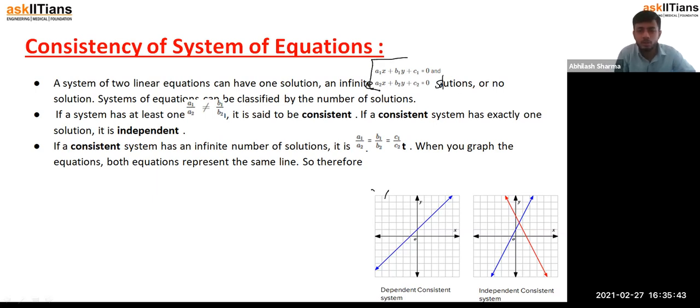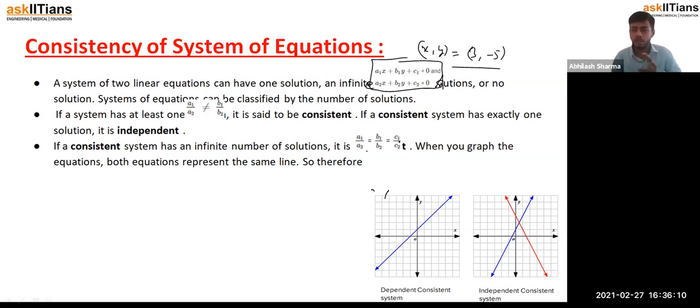So when we are talking about a pair of linear equations in two variables, it can either have exactly one solution, which is also called a unique solution. Exactly one solution means, for example, x comma y equal to 3 comma minus 5. This is exactly one pair of solution, one solution for x and y. But sometimes there are infinite solutions also, or it can have no solution.